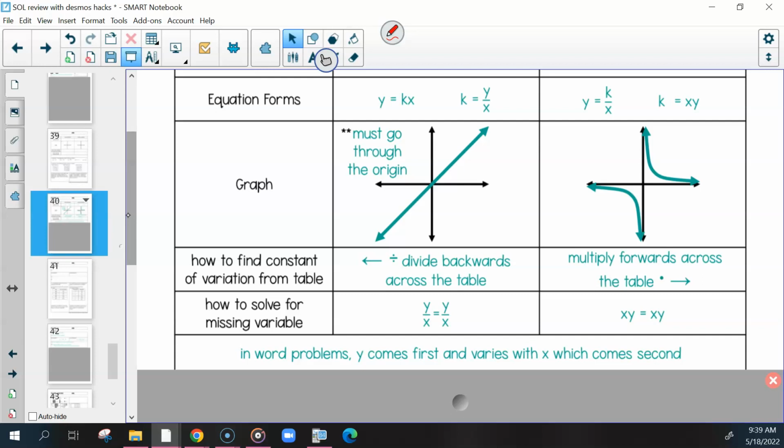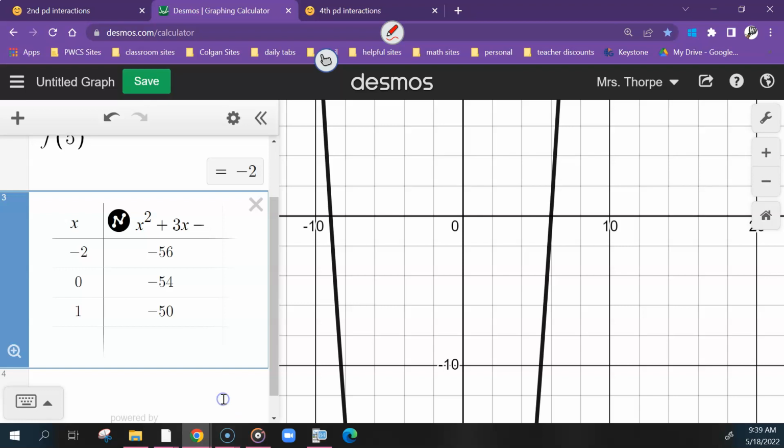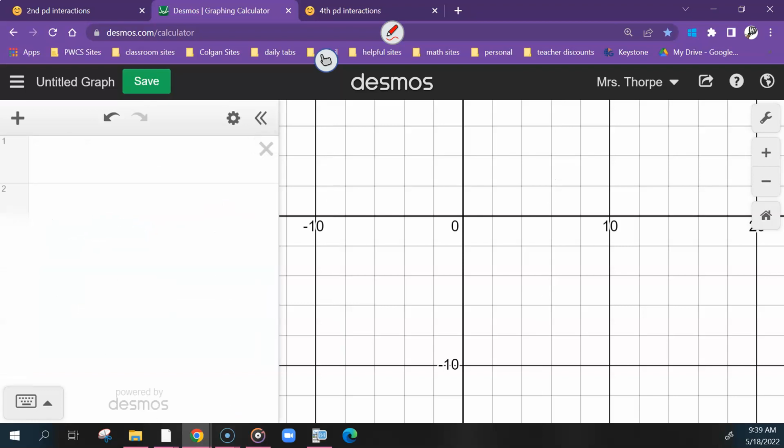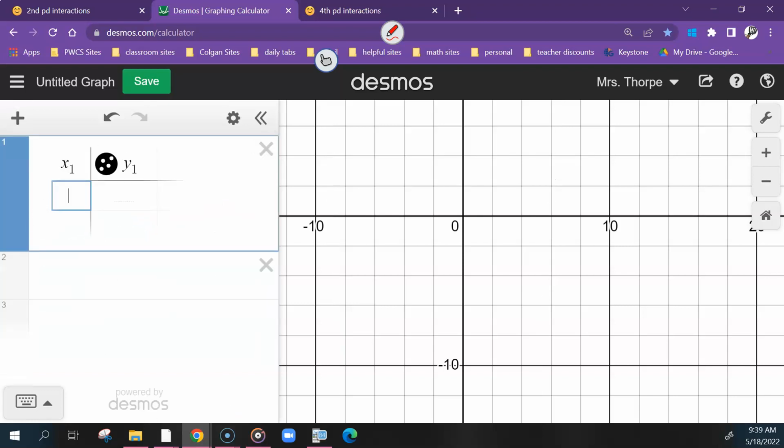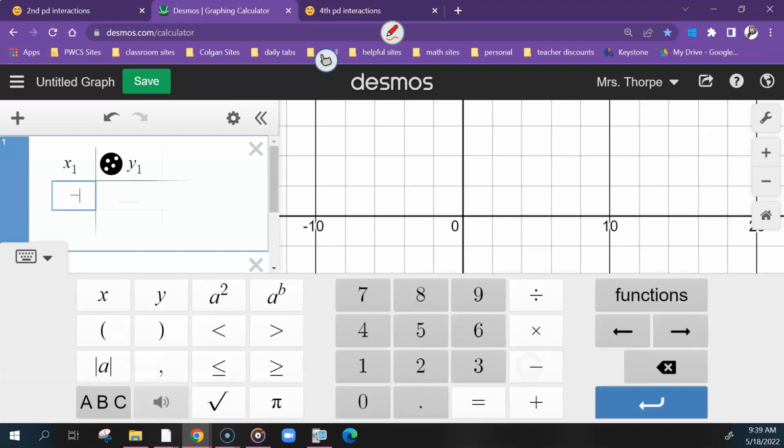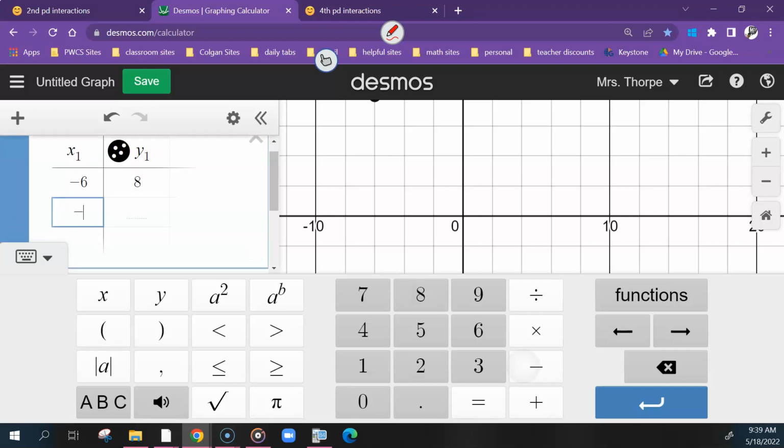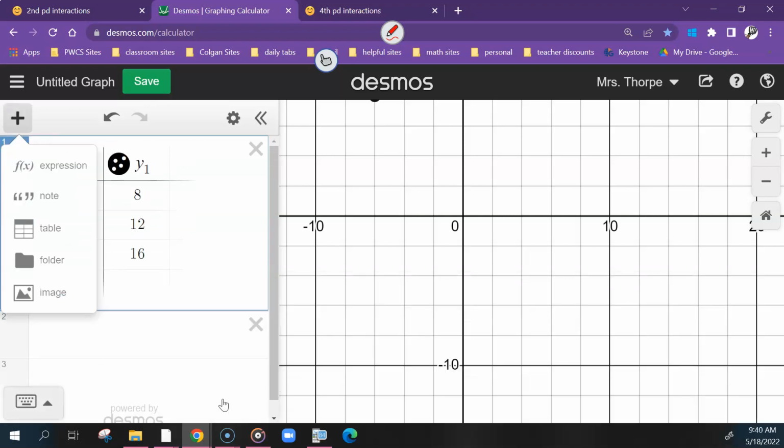For number 2, I'll put A and B into Desmos, and then we'll do C by hand or algebraically. Make a table, and I'm going to put in these values: -6, 8, -4, 12.